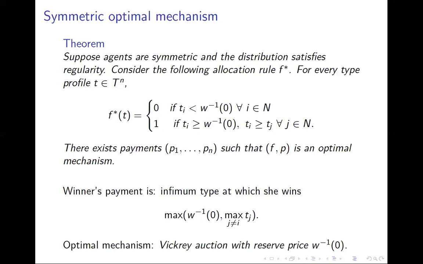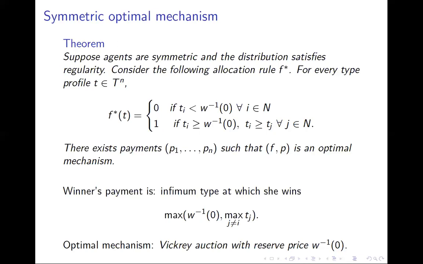Otherwise, whoever has the highest value wins, but makes a payment equal to the maximum of the second highest value and the reserve price. So this is one key takeaway, the simplest takeaway from Myerson's exercise, that the optimal mechanism in the symmetric case is just a Vickrey auction with reserve price.